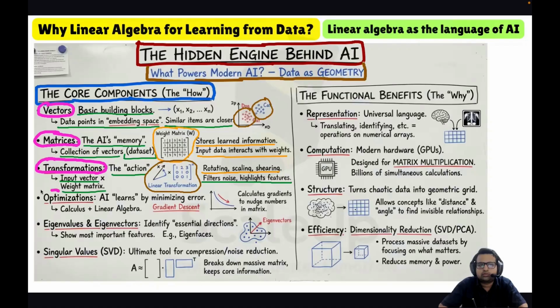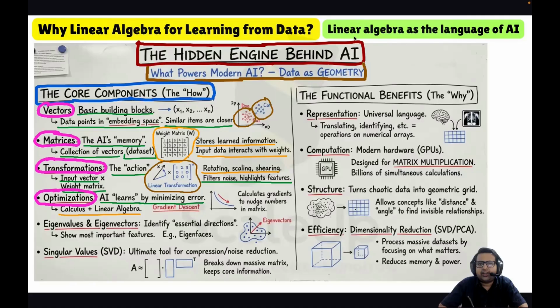We also have a core component called optimization, which also powers the modern AI. AI learns by minimizing the error. Optimization makes use of calculus plus linear algebra. By calculating the gradients, the system exactly determines how to nudge the numbers in a matrix to make the output more accurate.